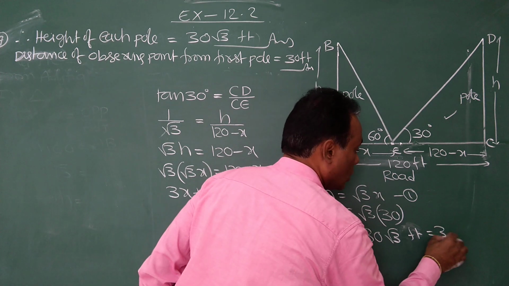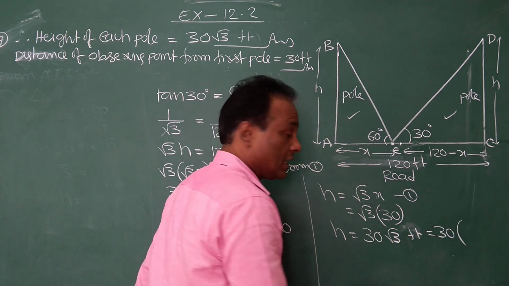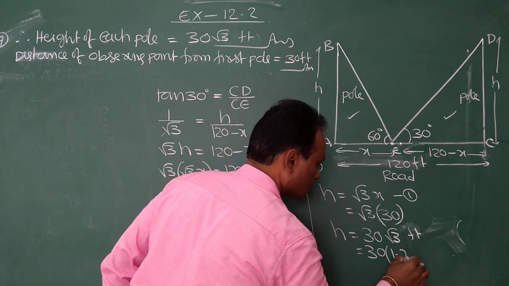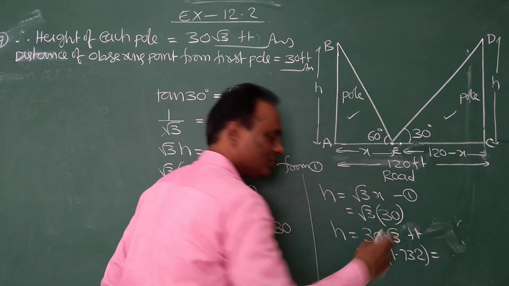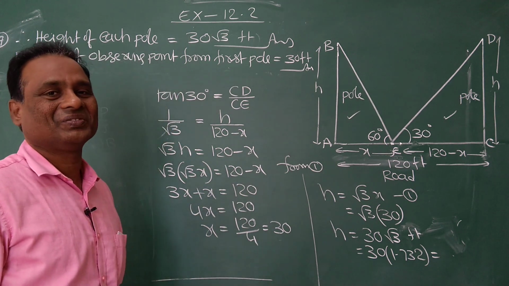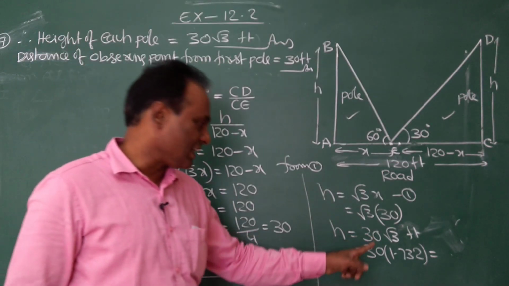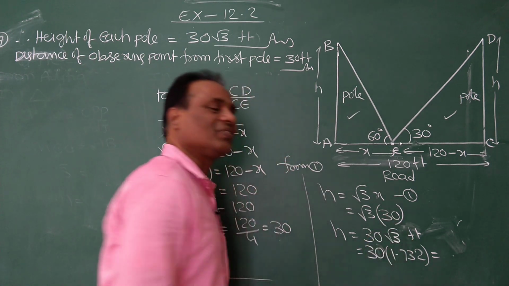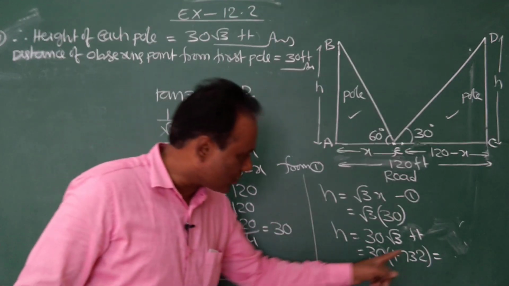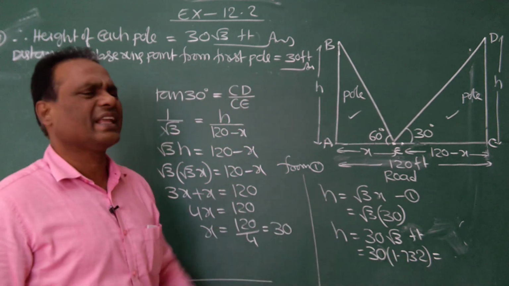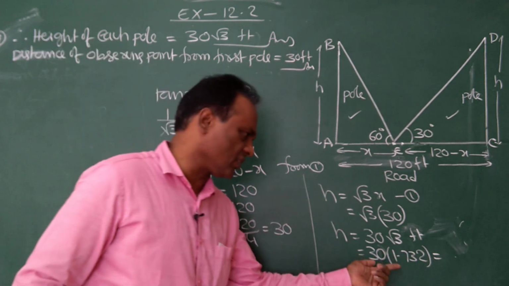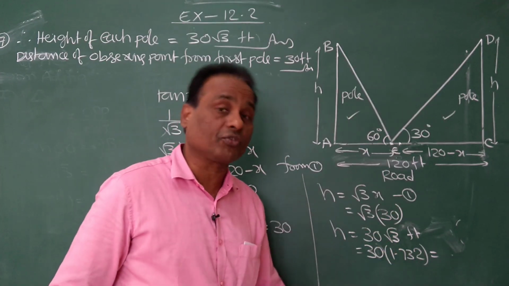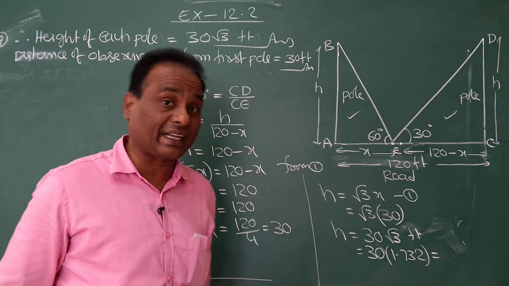So 30 into √3, where √3 value is 1.732. If you multiply, we will get decimals. So the textbook answer is given that way. Actually, it should be given like this only, but the √3 value is substituted. This is the √3 value we use many times.